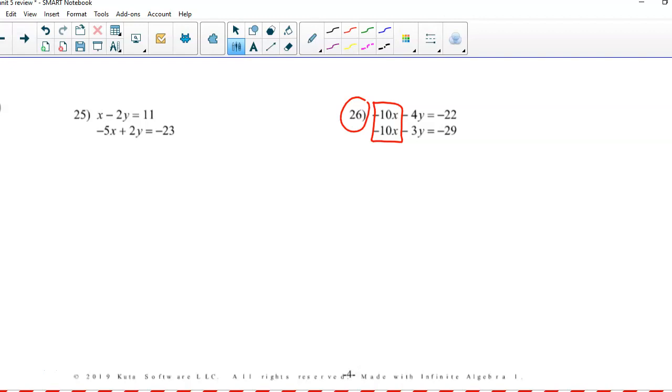Would that get rid of them? No. So we need to subtract. Negative 10 minus negative 10 is 0. Negative 4 minus negative 3 is what? Negative 1. Or just negative y.